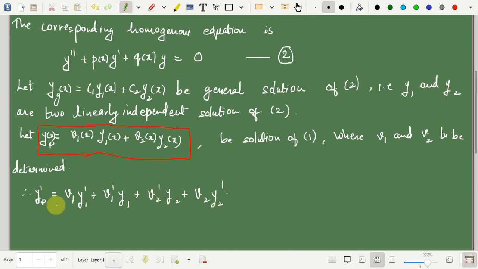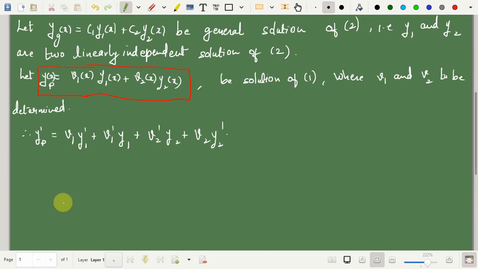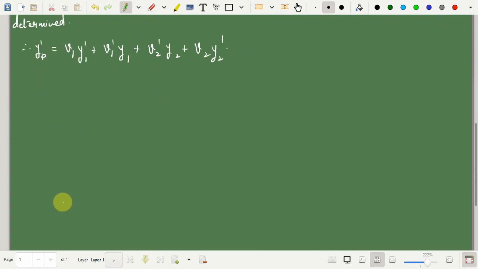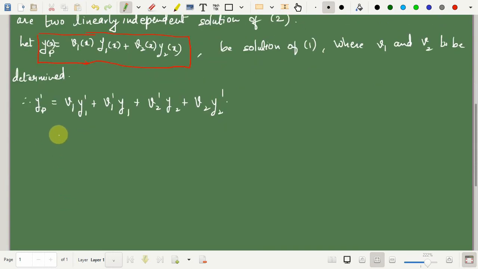Okay, so now I need to determine this v1 and v2. If I compute the second derivative, just look at the terms including v1 prime and v2 prime. These are the terms having v1 prime and v2 prime. This will go on for the second derivative, which would lead to a complicated task for us, because we want to determine this v1 and v2.